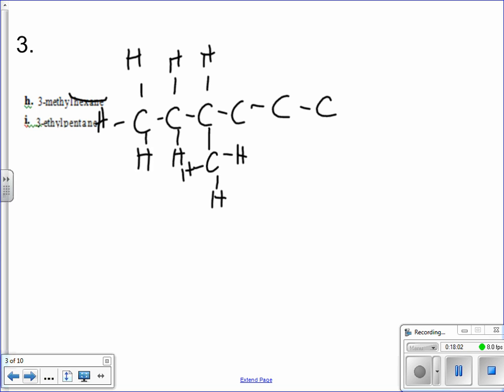The 4th carbon's bonded twice, so it needs 2 more. The 5th carbon's bonded twice, so it needs 2 more. And then the 6th carbon's bonded once, so it needs 3 hydrogen. So that is now 3-methylhexane.